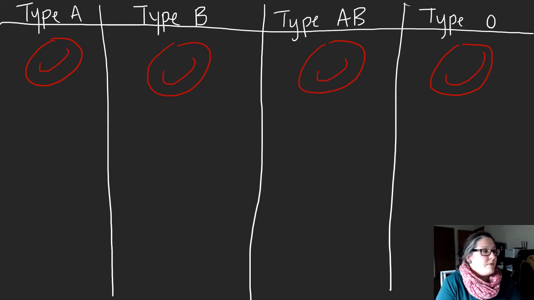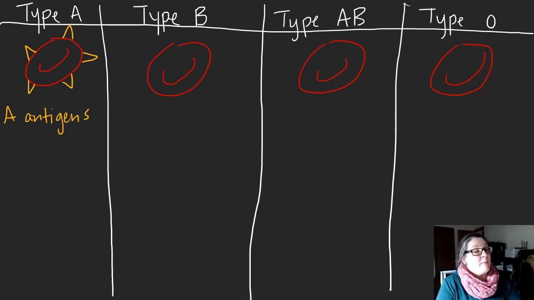So type A blood has what we call A antigens on the surface. Now these antigens are recognition proteins. If you remember back from the membrane, they are part of the cell identification. Now type B, we can imagine, has something we call type B antigens.